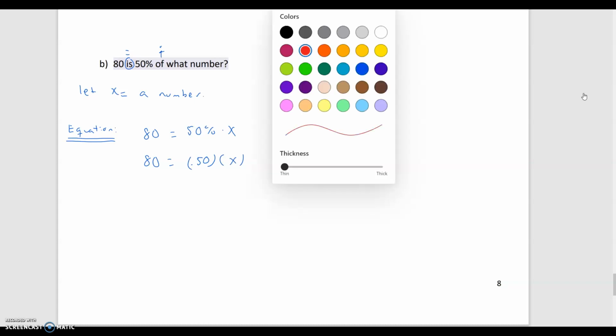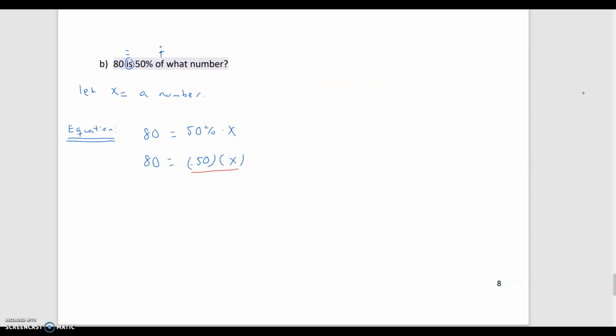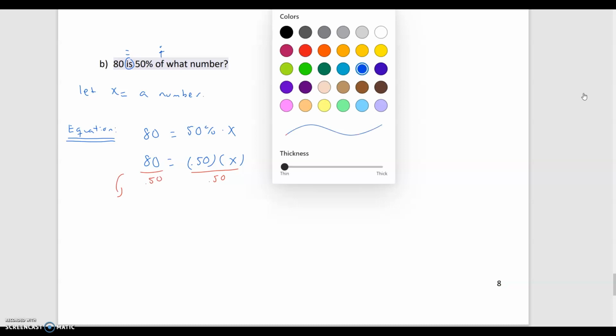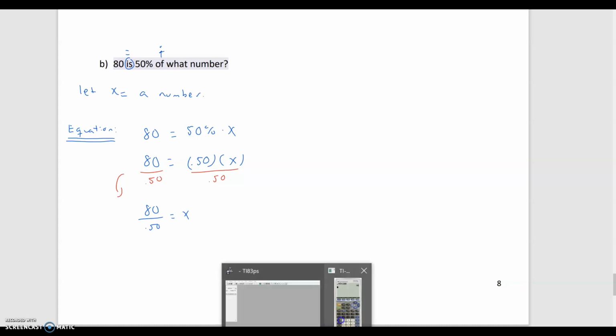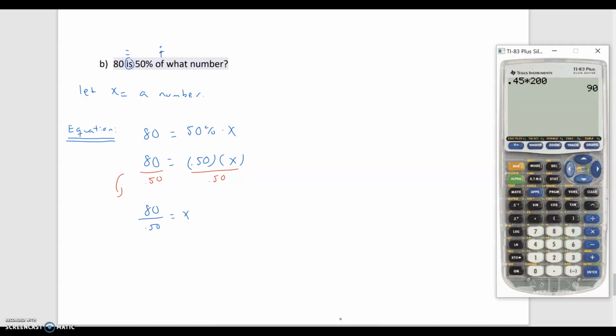Then we're going to be dividing by 0.50. So we're looking at 80 divided by 0.50 is equal to x. Let me evaluate that. 80 divided by 0.50 is 160.